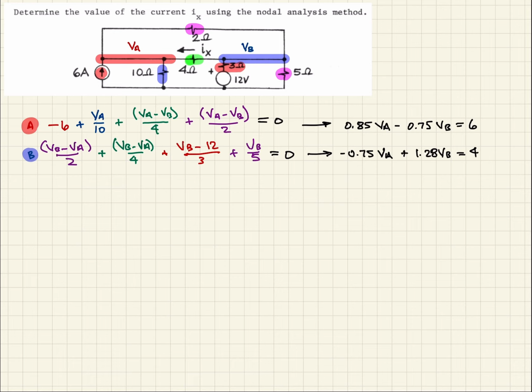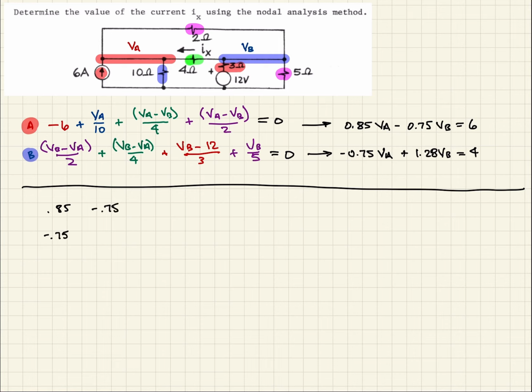So then, just drawing a line here, we should be able to create a matrix of 0.85, minus 0.75, minus 0.75, 1.28, times VA, VB, and that's going to be equal to 6 and 4.